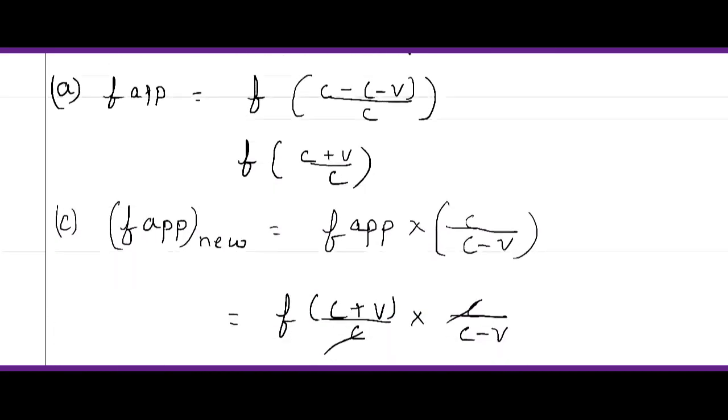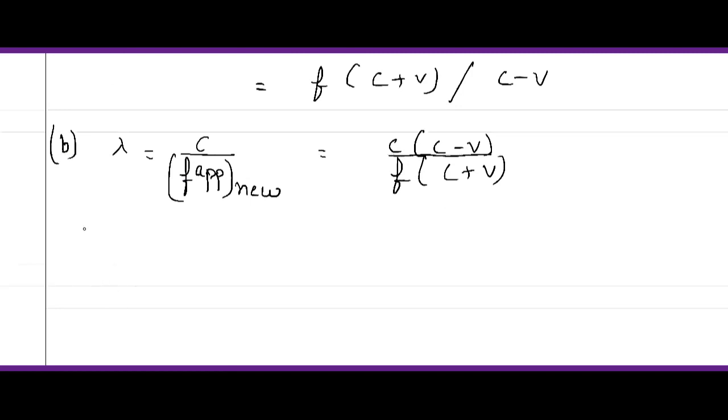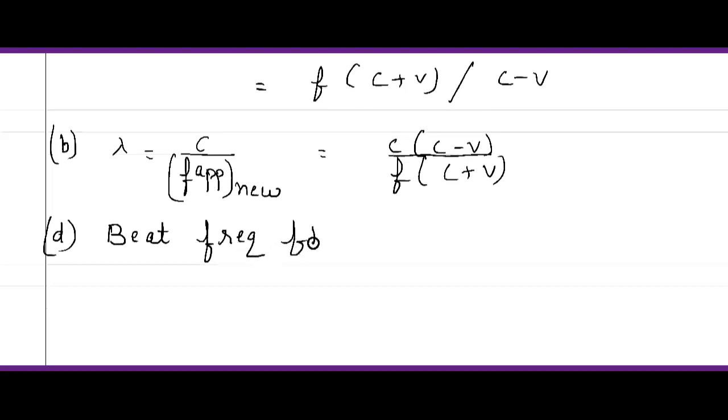So, beat frequency in part D, we find. Beat frequency means f_b, which is equal to the new apparent frequency minus the frequency of the wave.